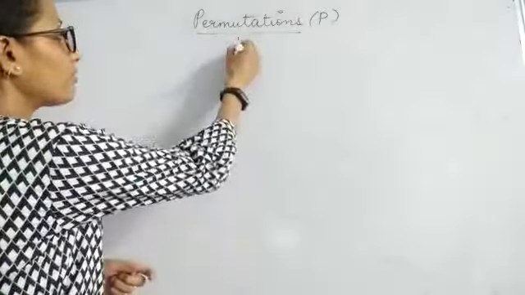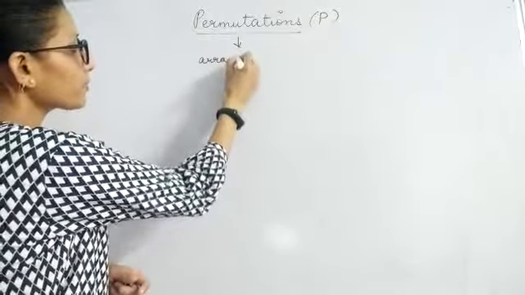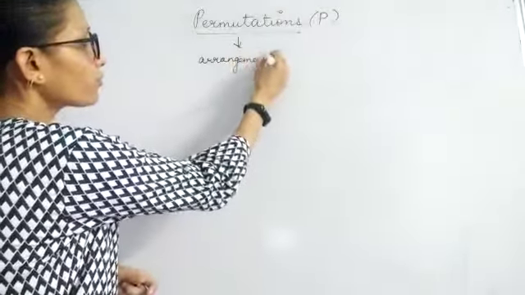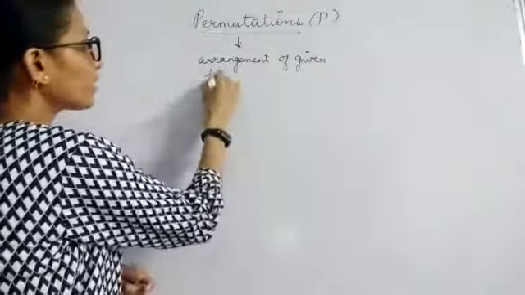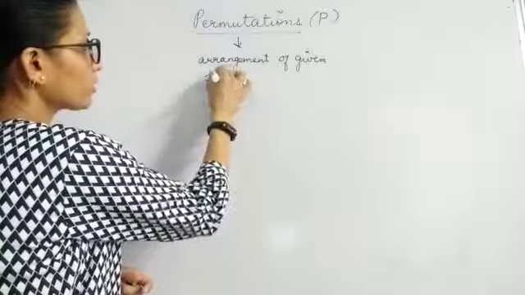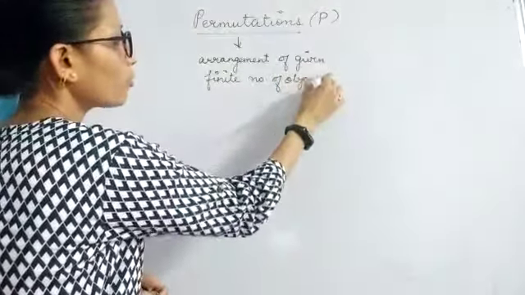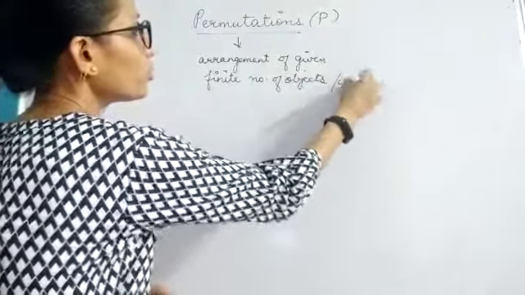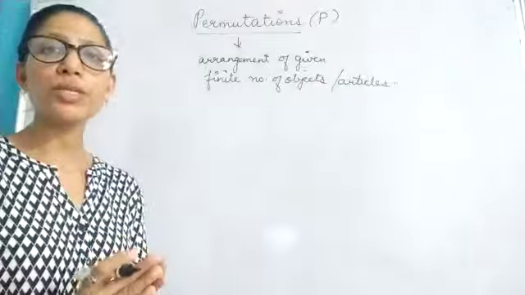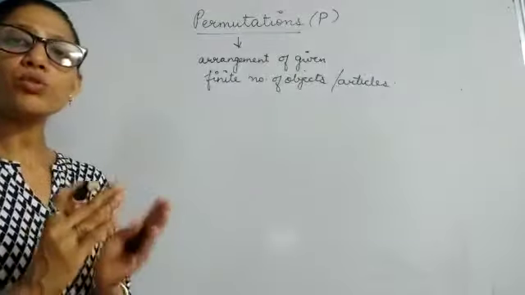That means its definition contains the word arrangement of a given finite number of objects or articles. Children, you need to understand that whenever we are doing questions on permutation, we need to see the order.